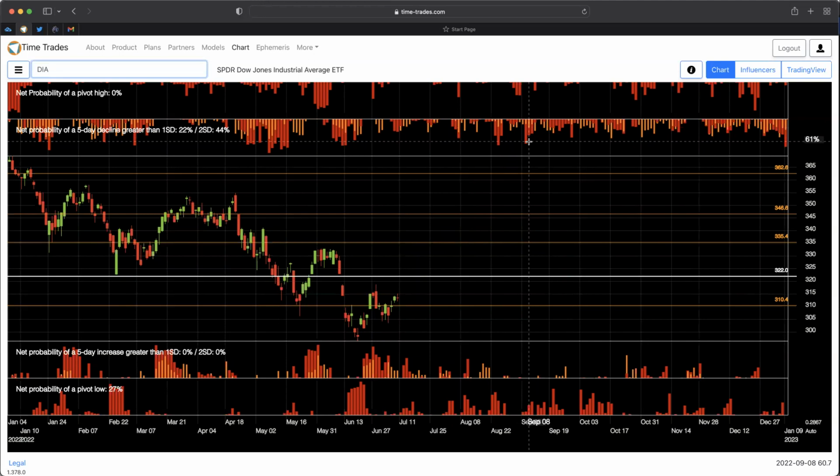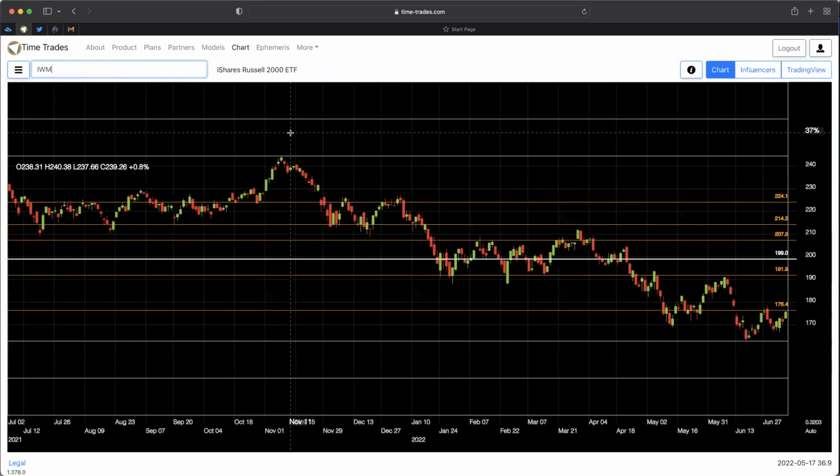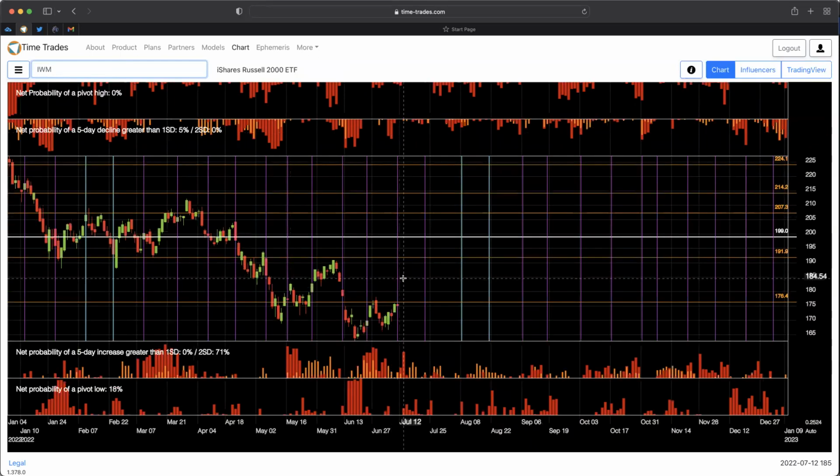So again, it looks like the general trend is down for the Diamonds. Let's look at IWM. Okay, IWM has a big pop forecast for July 12th. This is an isolated bar, so it might be more of a one-off than an overall trend.